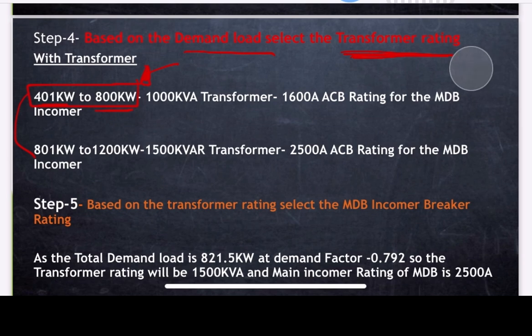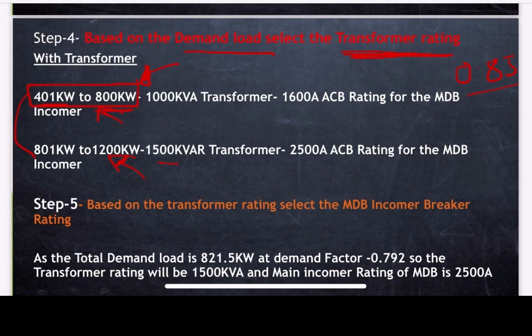So if you consider the demand factor as 0.85, okay, then whatever load comes after multiplying the total connected load with the demand factor, that load you have to consider here, whether it falls in between this range or in between this range.